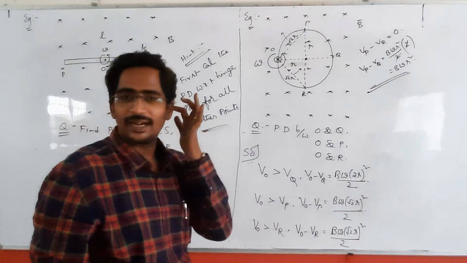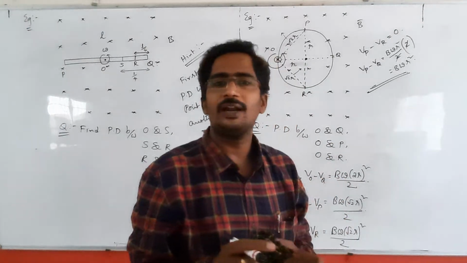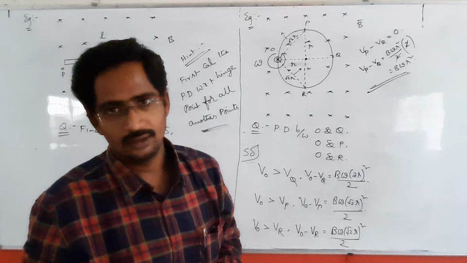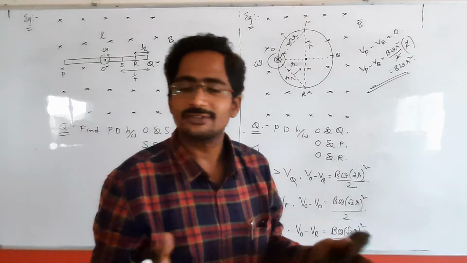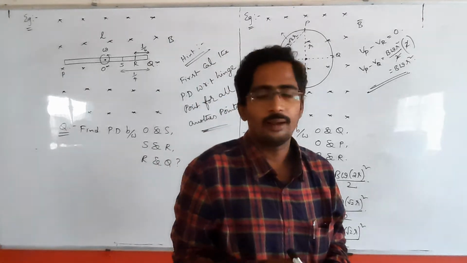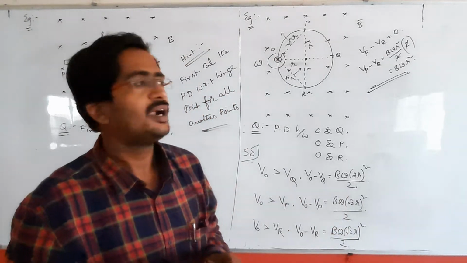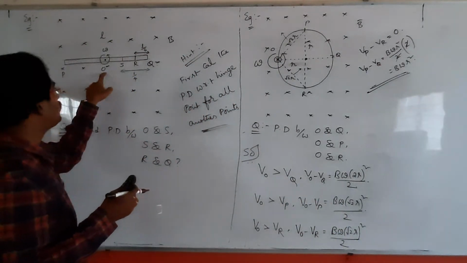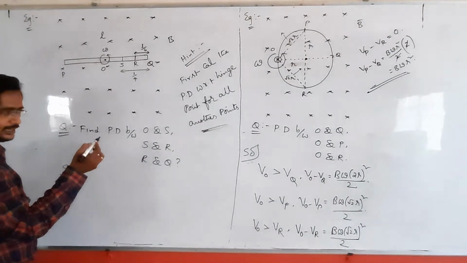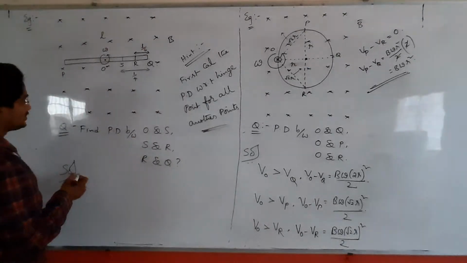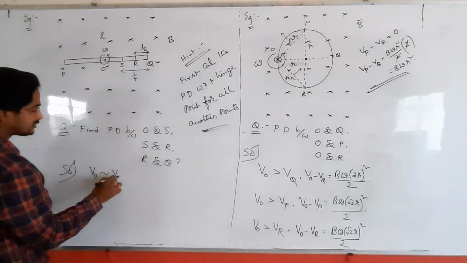So with respect to that hinge point, you have to calculate the potential difference first. What is the formula we need to apply here? B omega L square by 2 only. First you need to find VO minus VS. But which one is at high potential?